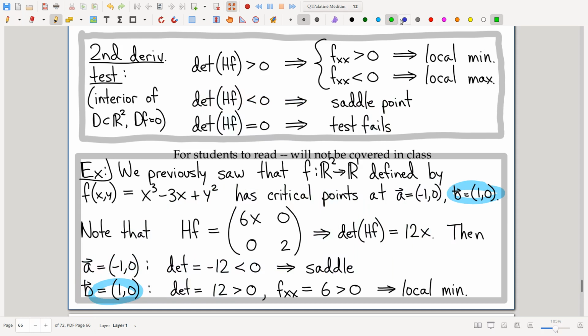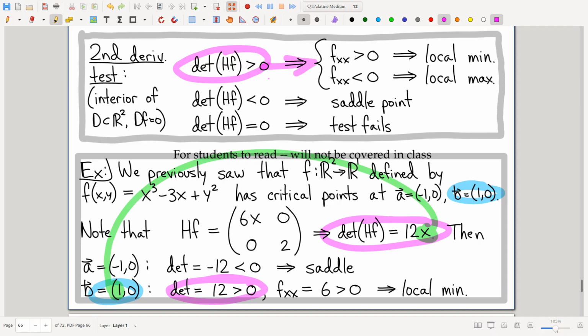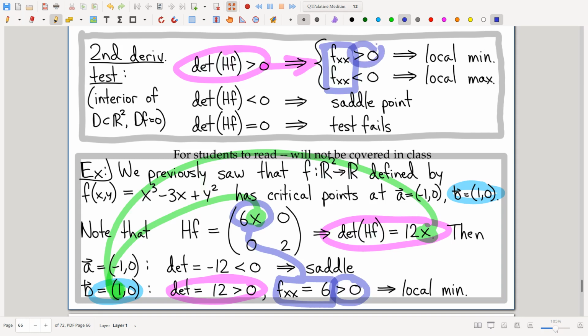Well, with 1, 0, I know x is 1. That means that my Hessian determinant this time is positive. That means, apparently, I'm going to have to look at fxx, again keeping in mind we're looking at the point where x is 1. fxx is 6, which is positive. And that implies local min. And again, game over.